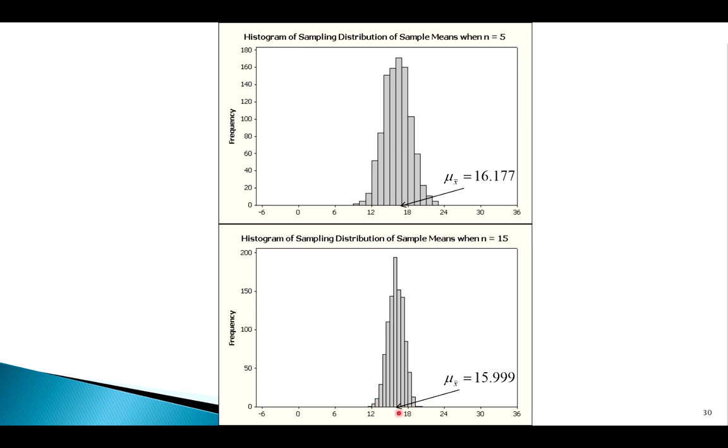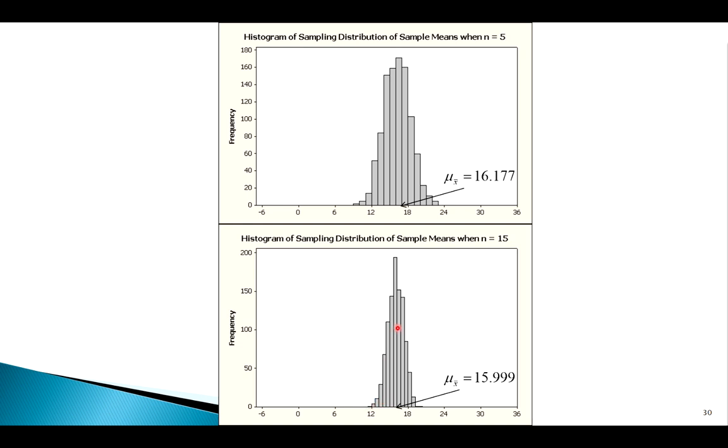For center, we've got the actual values highlighted here. The center of this one was 16.17, pretty close to 16. The center here is 15.99, really close to 16. Spread: this one was less spread out than the population, and this sampling distribution looks to be even less spread out.